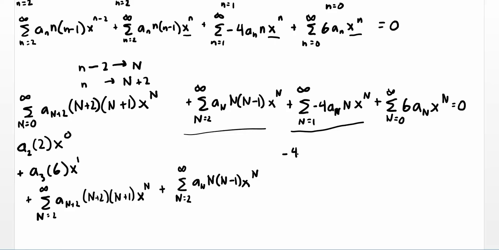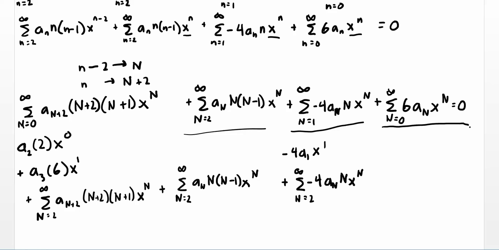Negative 4 a sub 1 times 1 times x to the first, plus the rest of the series, n equals 2 to infinity, negative 4 a sub n, capital N, x to the n.